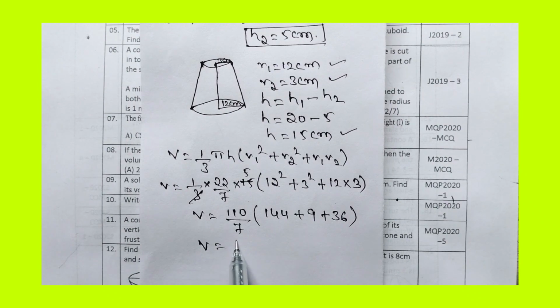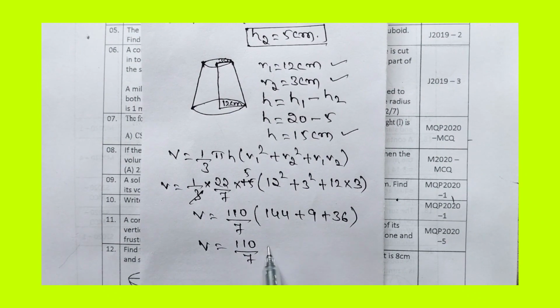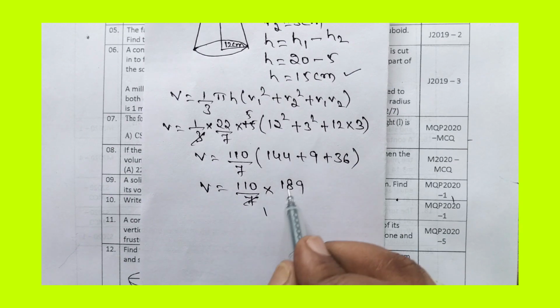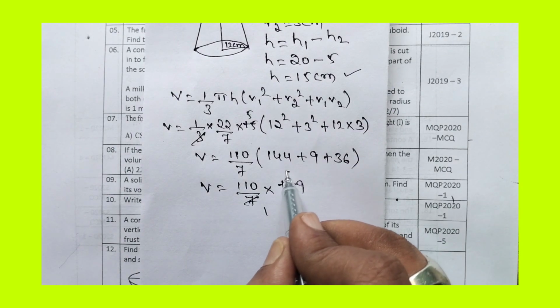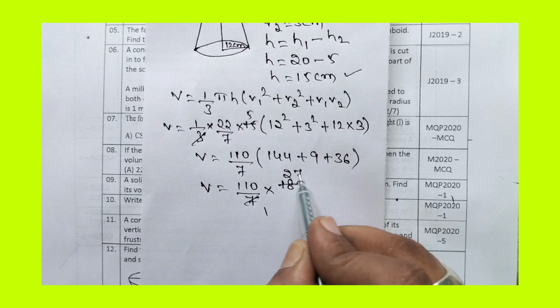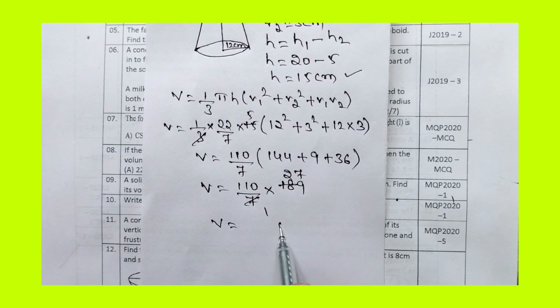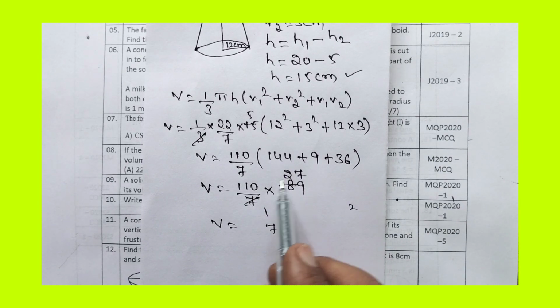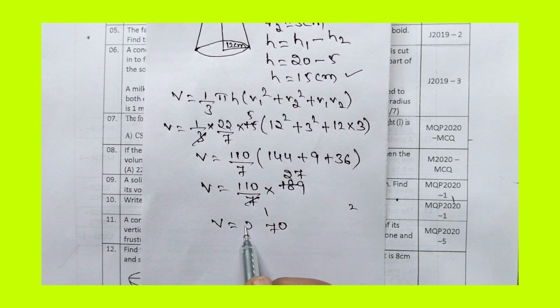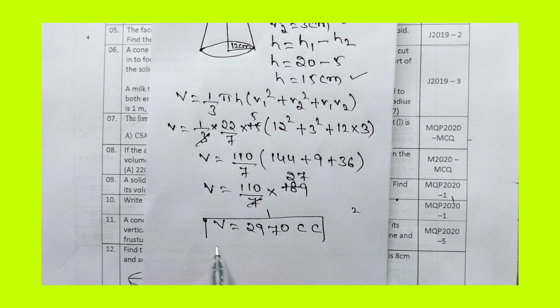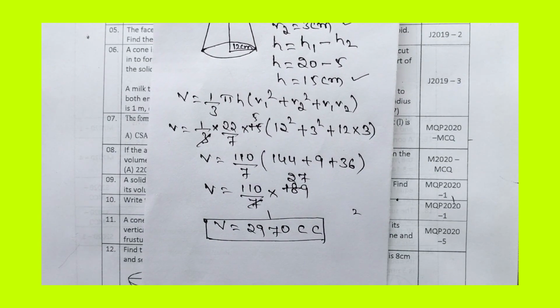So volume is equal to 110 divided by 7 into, if you add all these, it will be equal to 189. 7 ones are 7, 7 2s are 14, 7 7s are 49. 27 ones are 27, carry 2, 27 ones are 27 plus 2 is 29. So 2970 cc. This is the volume of the frustum of a cone.